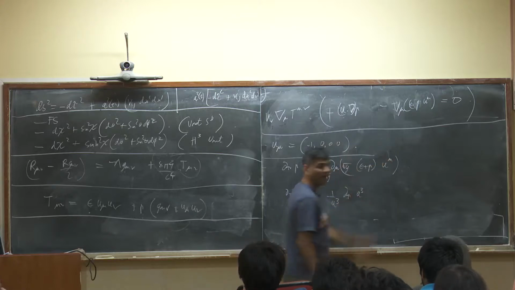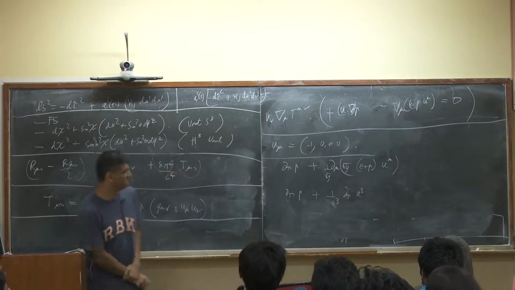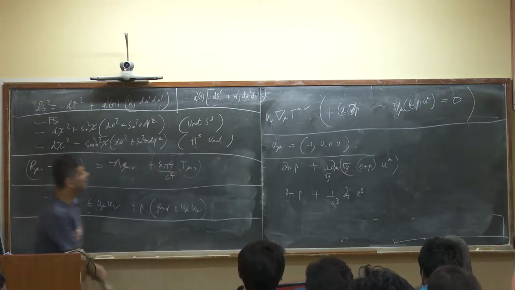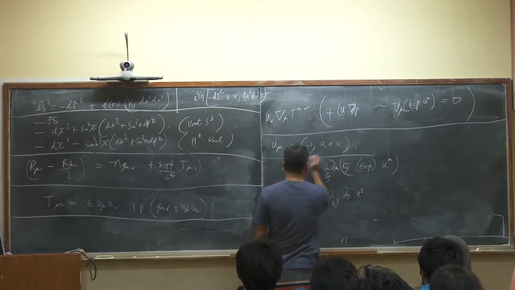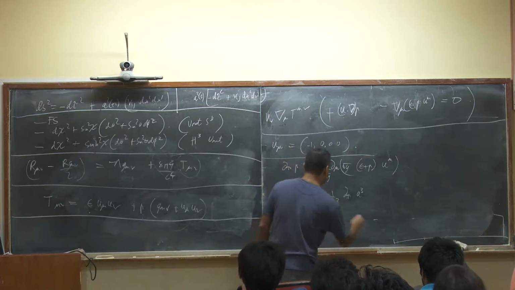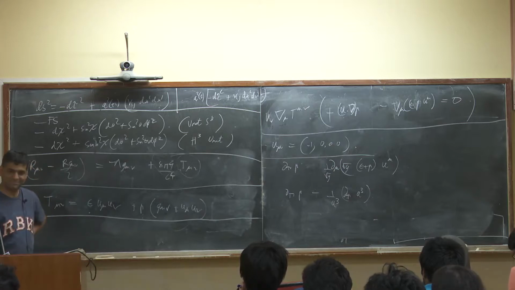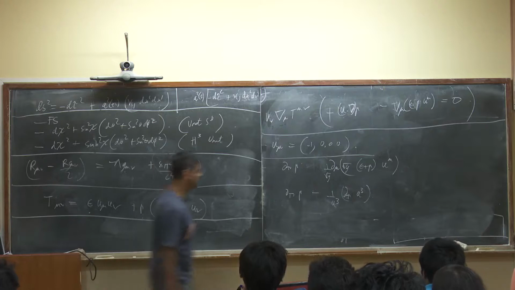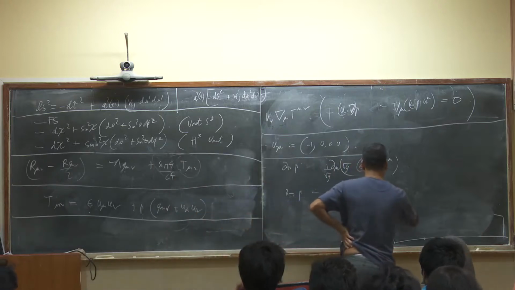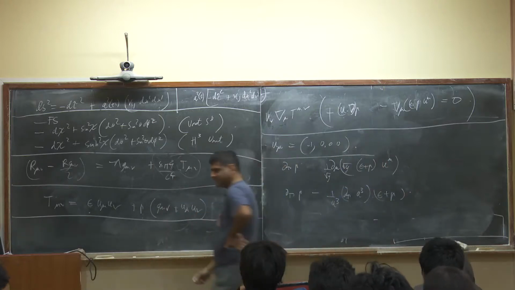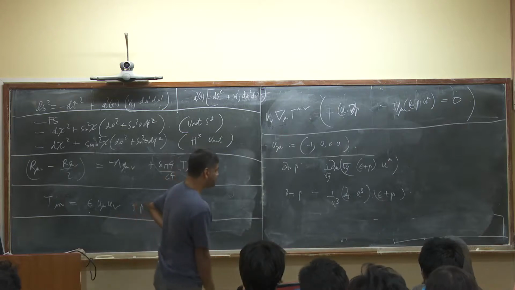of epsilon plus P. And I have missed a minus sign because there was a minus sign in this. There's a minus here. Okay.